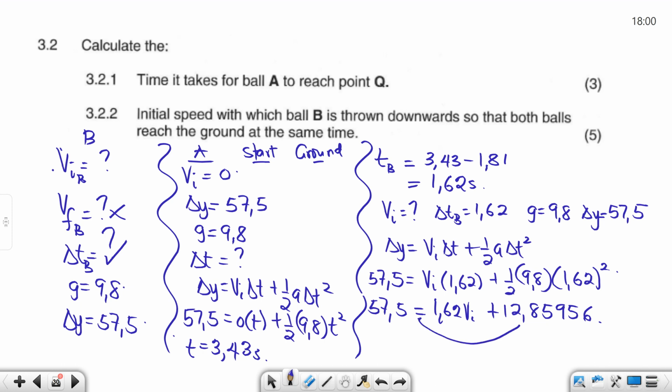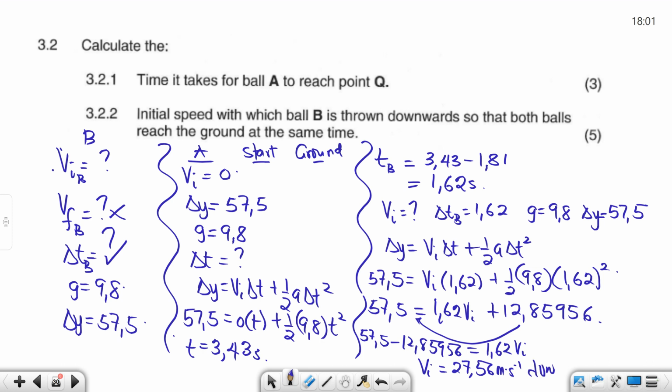Makes sense? Becomes a negative. So 57,5 minus 12,85956 equals to 1,62 VI. Whatever answer you get, you divide both sides by what? Okay. What's my VI? 4.6 or 5.6? And what's your unit?